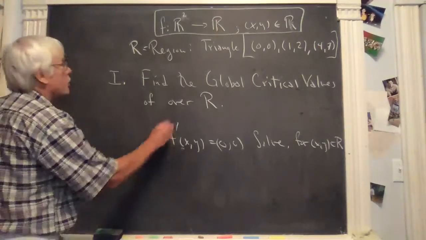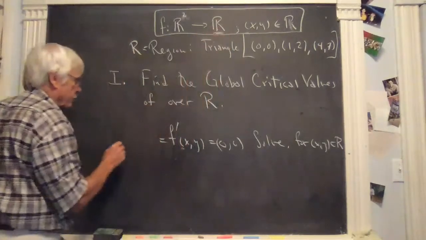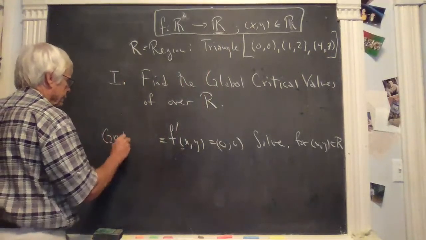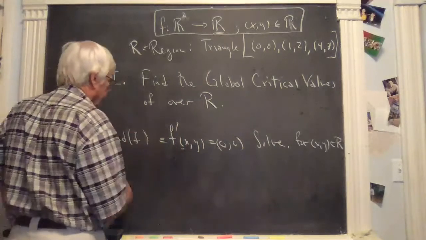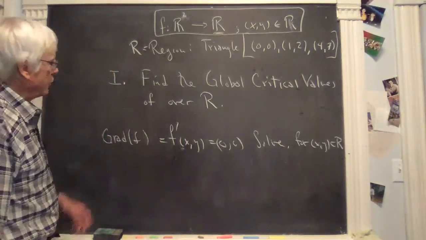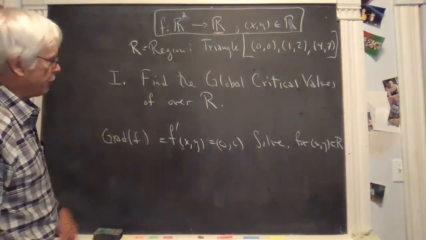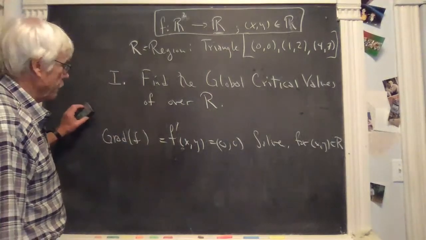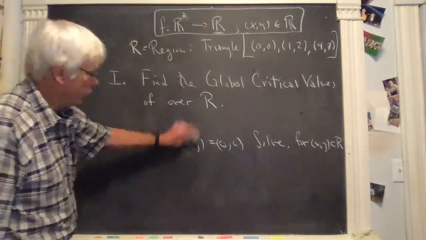And this derivative, because this is a real valued function, is called the gradient. So this is the first part. Solve for those. That gives you the critical values, global critical values over the region.